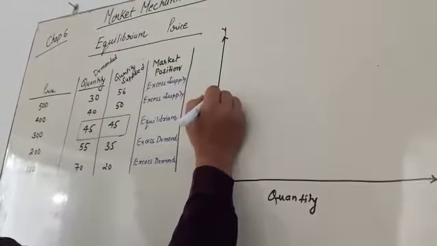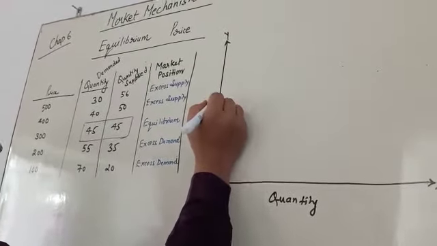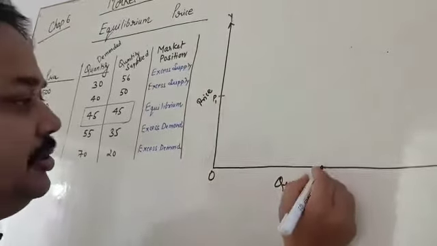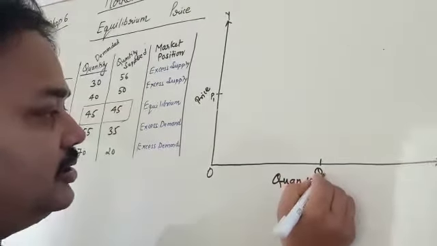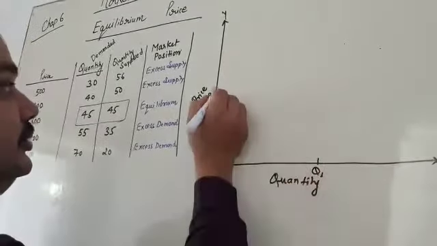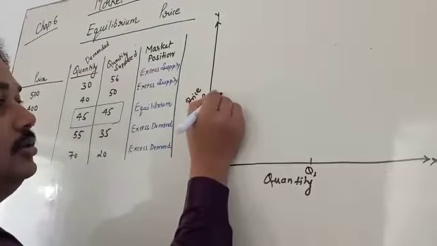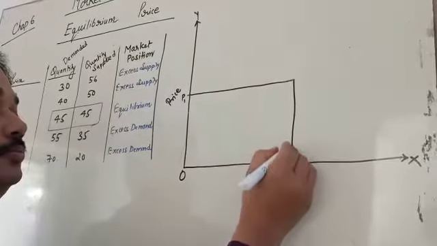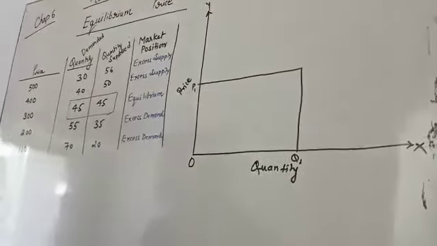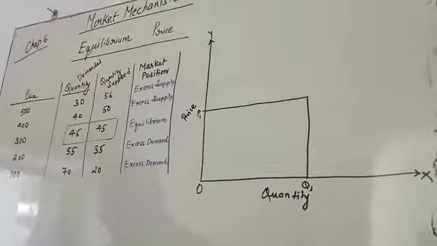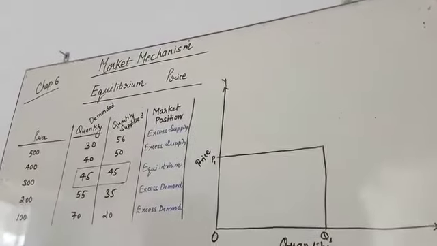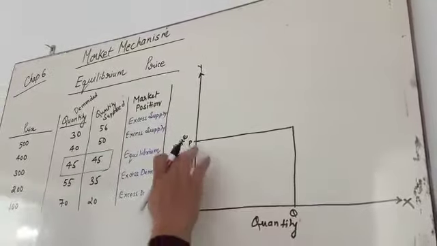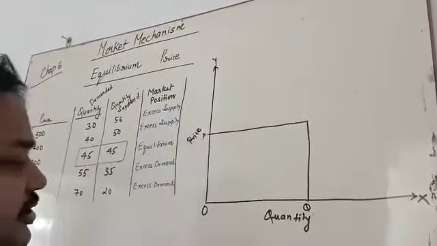Whatever the quantity, my dear student, it is a very simple thing. Suppose at price P1, quantity Q1 is demanded. So you put it here. This position, P and Q, is the original, initial position.